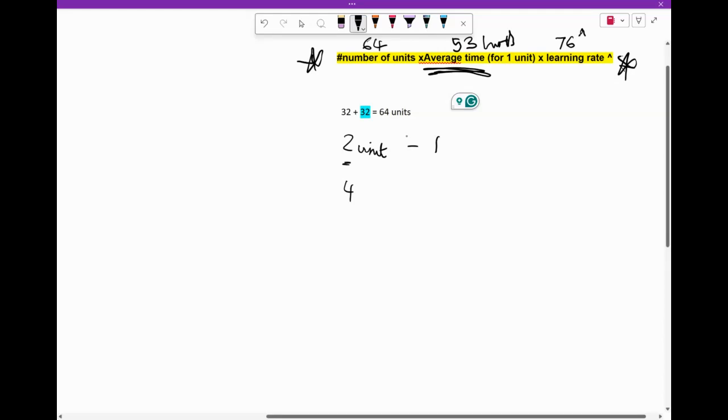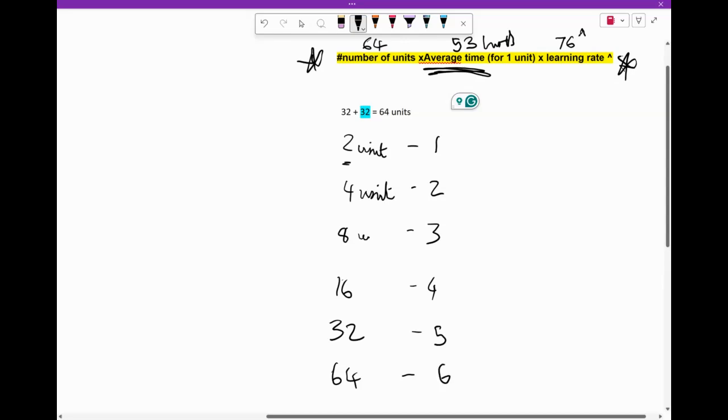And then for 4 units, because that's the next double, to the power 2. For 8 units, to the power of 3. For 16, 4. And then for 32, 5, and then obviously for 64, which is what we're looking for, power of 6.